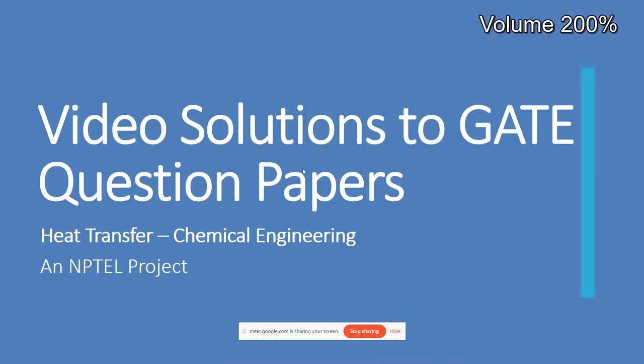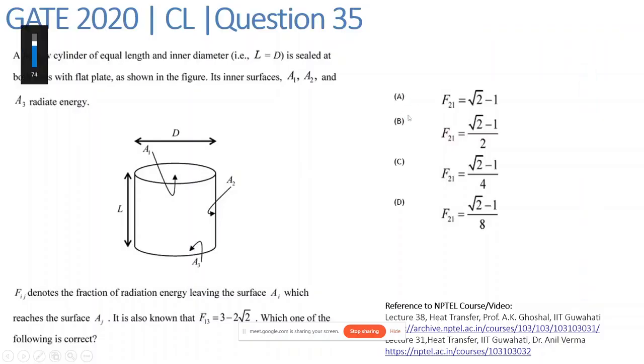Hello everyone. We will be solving question 35 of GATE 2020 Chemical Engineering paper, and the subject is heat transfer. The question is: a hollow cylinder of equal length and inner diameter, that is L equal to D, is sealed at both ends with flat plates as shown in the figure. Its inner surfaces A1, A2 and A3 radiate energy.